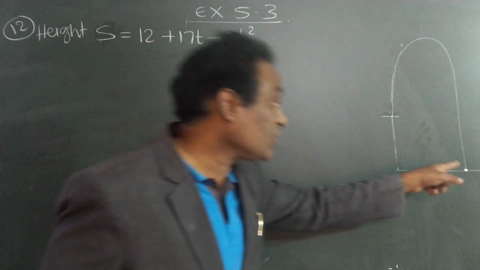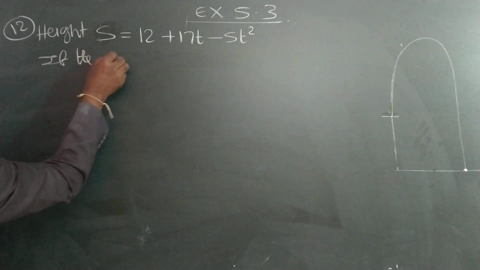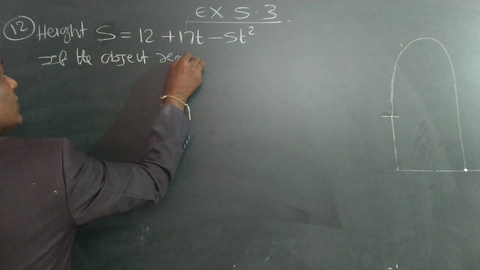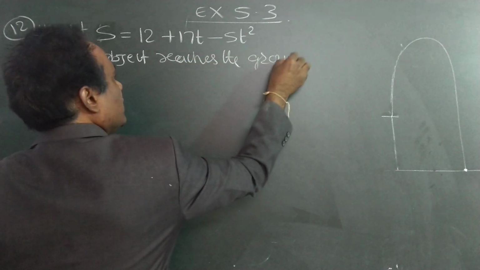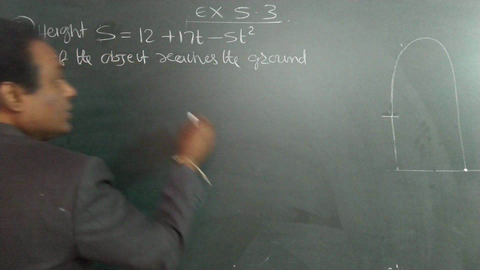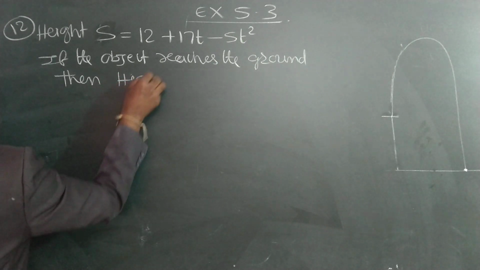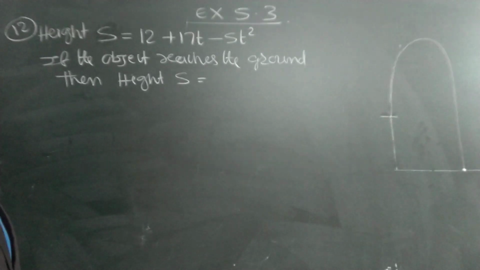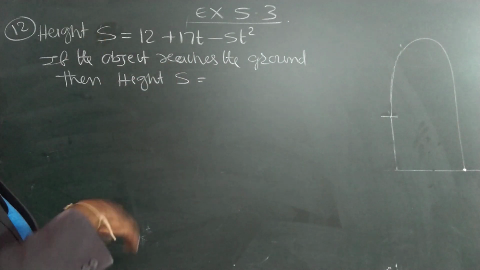So if the object reaches the ground, then the height, actually the height symbol is given as S, because as I said, distance and height are the same when it is vertical.